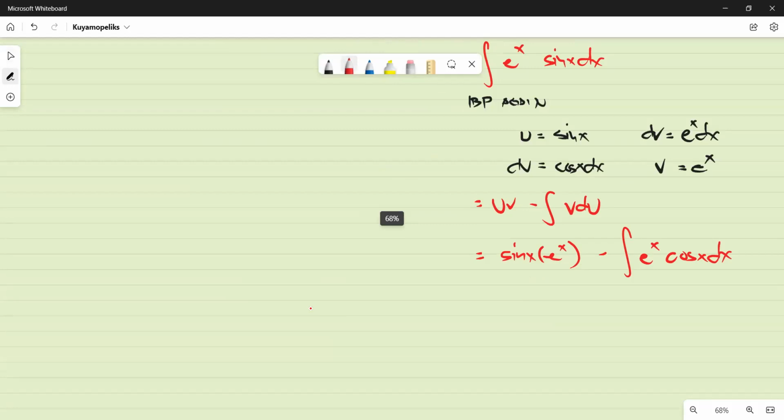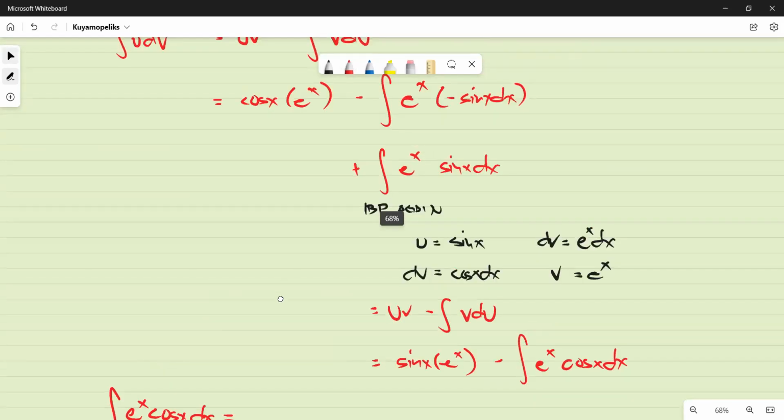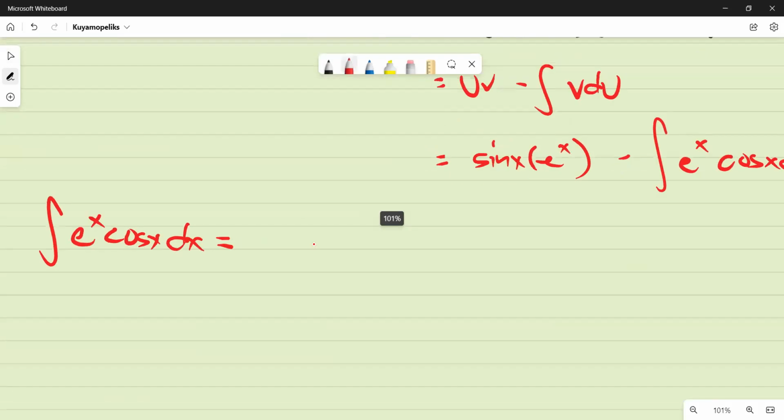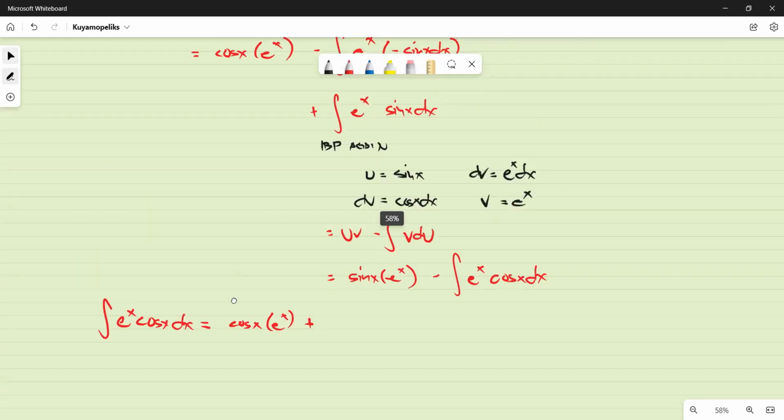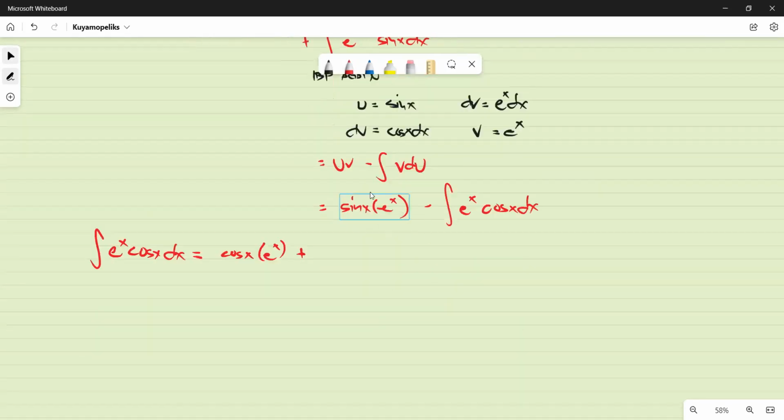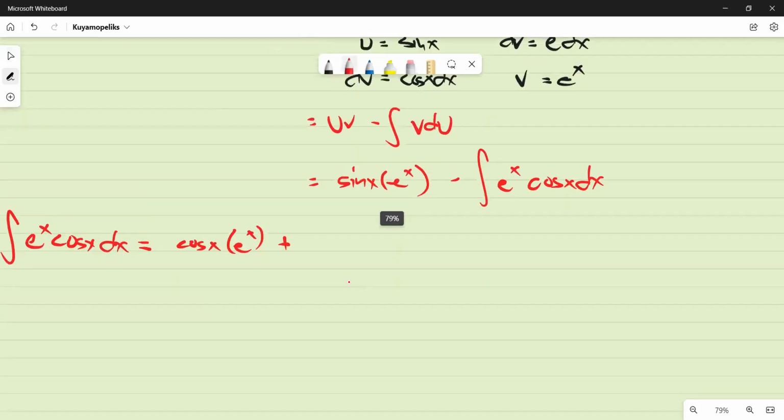If we are going to rewrite everything, ayusin natin. Ang given natin is integral ng e raised to x cosine x dx is equal to, ano ba yung una nating nakuha? Cosine x e raised to x plus yung integral nito, which is sine x e to the x minus integral ng e^x cosine x dx.